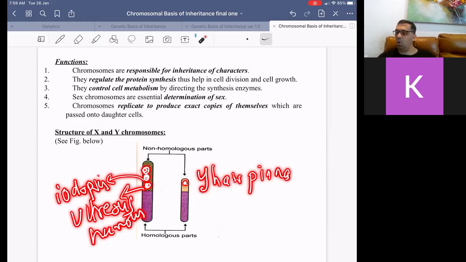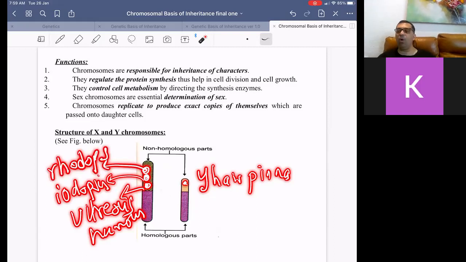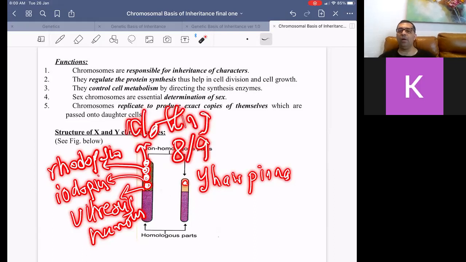Gene for rhodopsin, which is found in the rods of your eyes and is responsible for black and white coloration, and gene for rhodopsin, iodopsin, vitreous humor, and gene for clotting factor 8 or clotting factor 9, which is responsible for clotting of blood. तो ये सारे genes are called as X-linked genes. तो ये कौन से genes हो गए? X-linked genes.